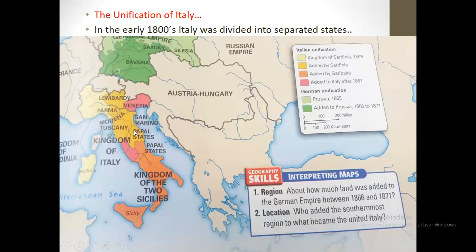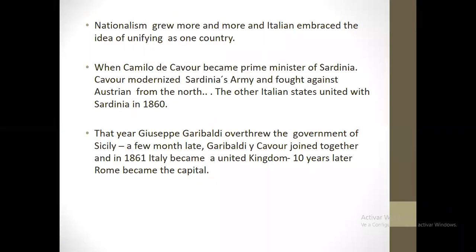All of these were different states, and eventually all of them got together with the Kingdom of Sardinia. They achieved the unification, and the other states got together with them in 1858.